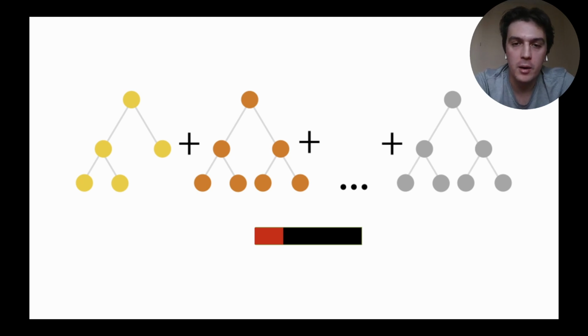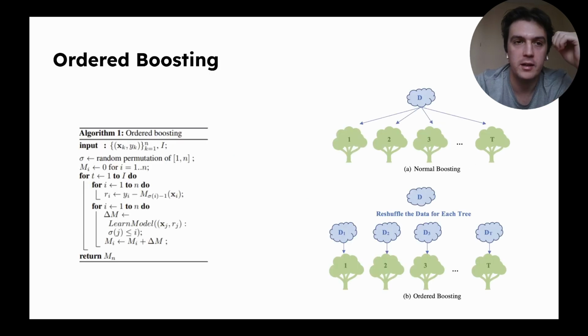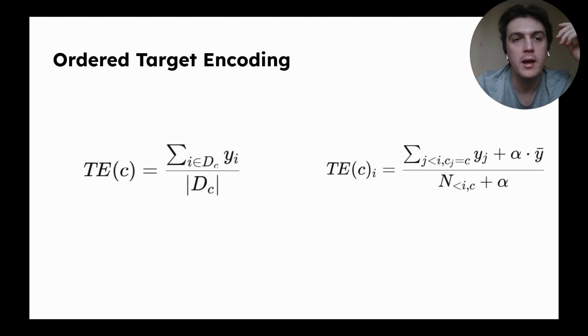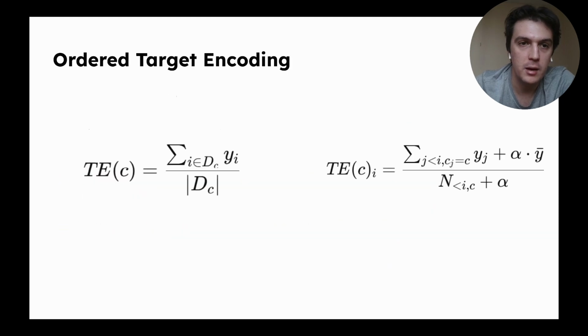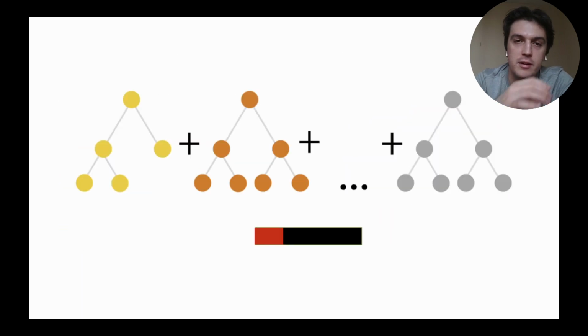So CatBoost, like we said, encodes using the ordered target encoding and builds the trees using ordered boosting. So those are two big differences. And then another difference between CatBoost and XGBoost is that CatBoost builds each of its trees symmetrically.